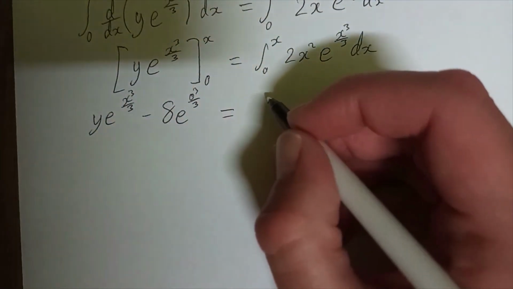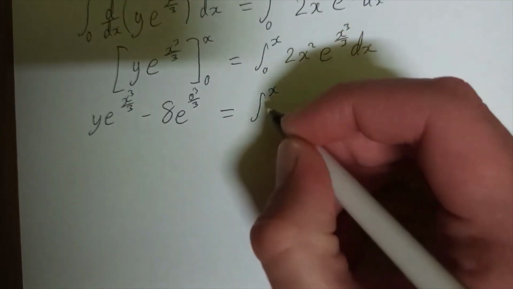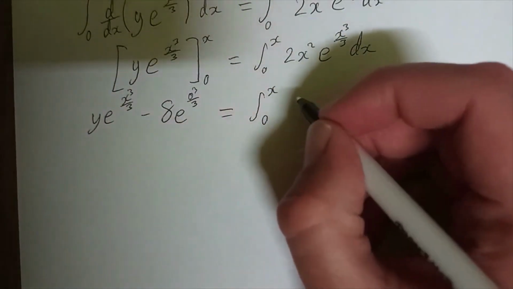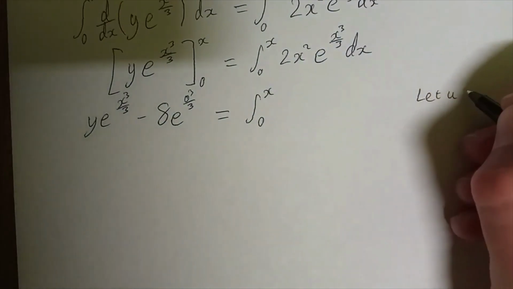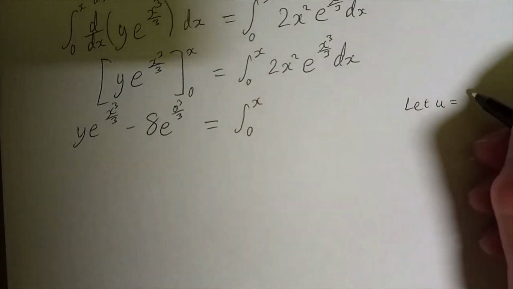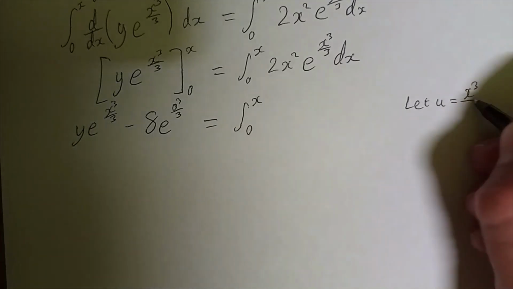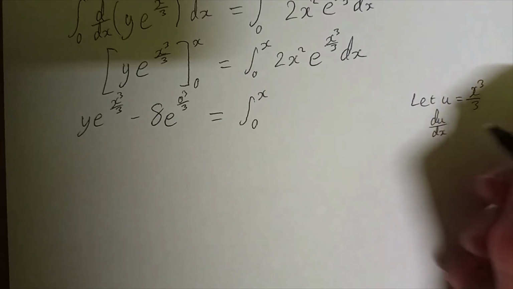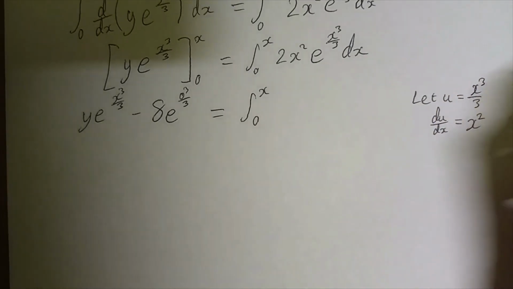Now the right hand side can be solved using a u substitution where we let u equal x cubed over 3, and then the derivative of that with respect to x will be x squared.